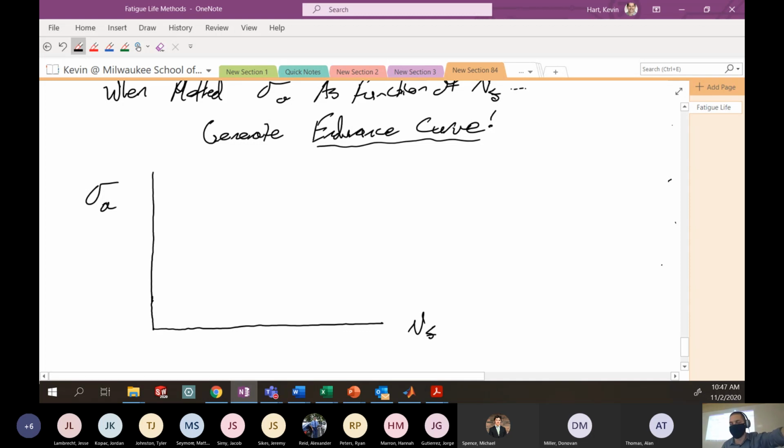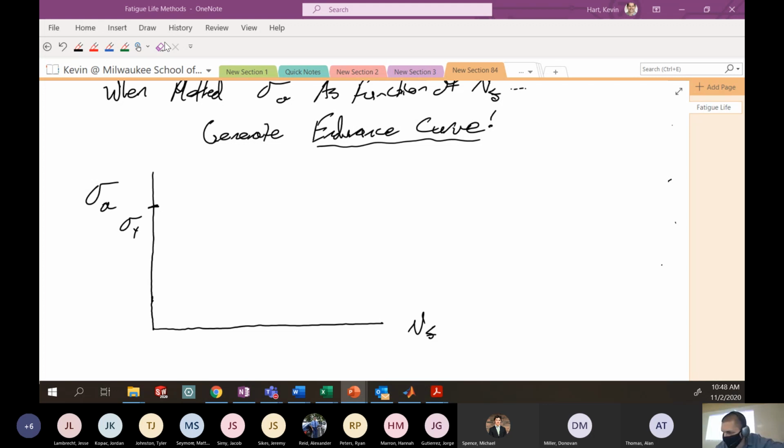On the very low end, if we were to fail in 0 cycles, that's basically failing in static condition. So in the case when you fail in a static condition, the number of cycles to failure being 0, this is just going to be your yield stress, sigma y. Sometimes sigma y is used, sometimes the ultimate tensile strength is used.